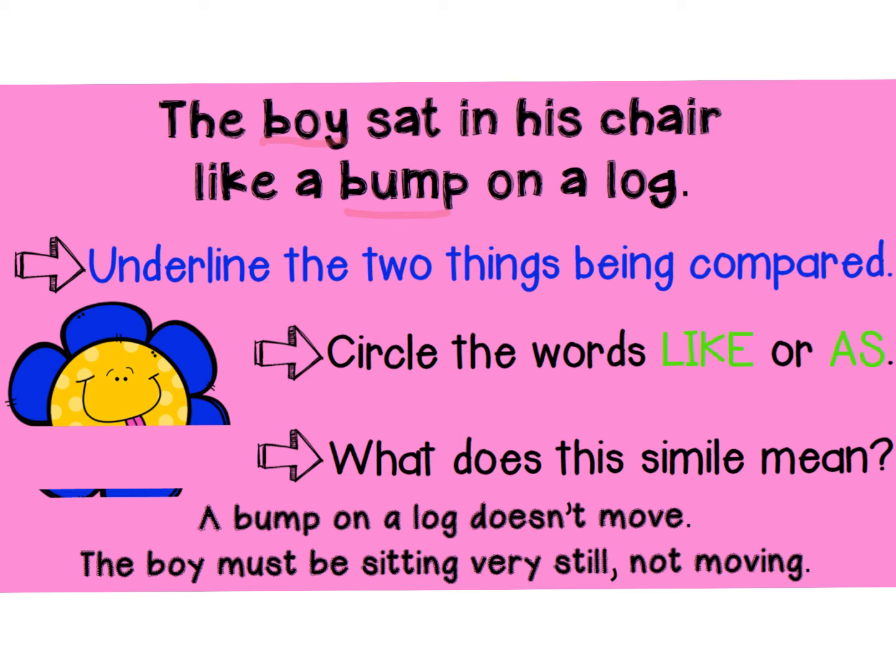This simile has like in it, so we're going to circle like. And when I think about what this simile means, a bump on a log doesn't move, so the boy must be sitting very still, not moving at all. You can picture that in your mind, can't you?